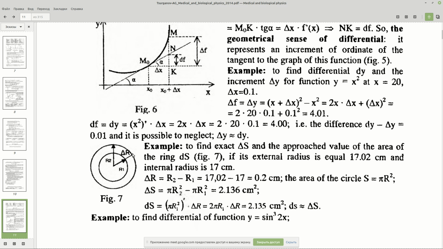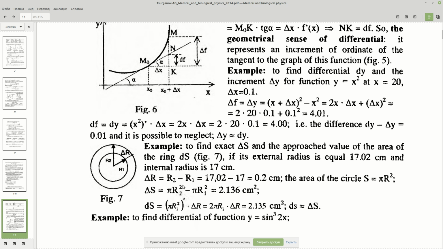When delta R is very small, we make the difference between the square of the external radius R2 and the square of the internal radius, and the difference will be 2.136 centimeters squared.